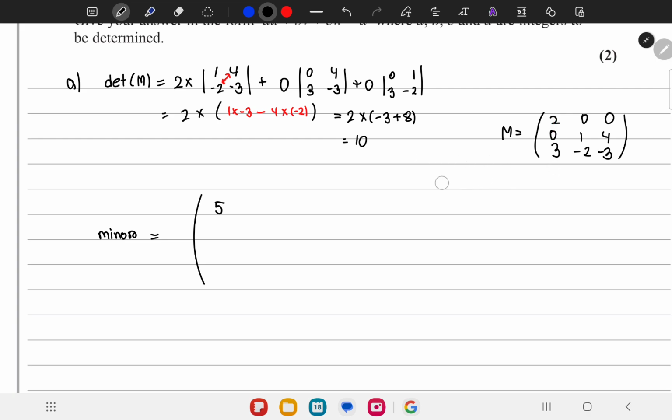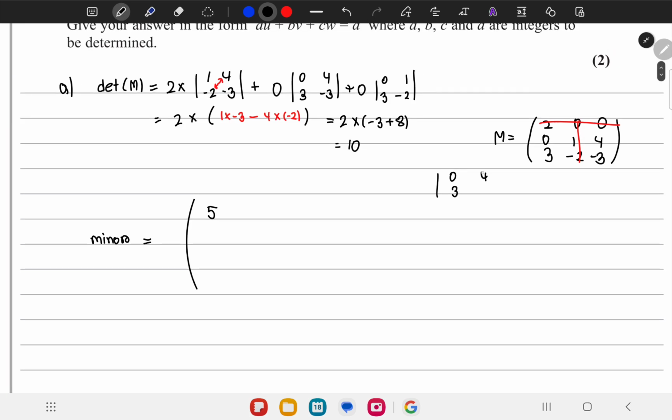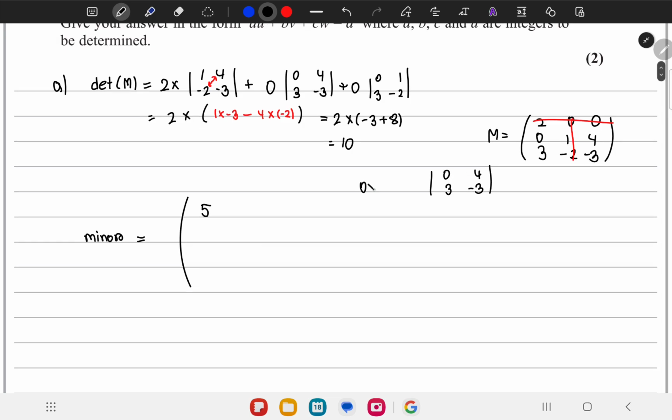Now for 1, 2, which is row 1, column 2, this entry, we have to find the determinant of this matrix, 0, 3, 4 minus 3. This comes out to be 0 times minus 3 minus 4 into 3, which is minus 12.